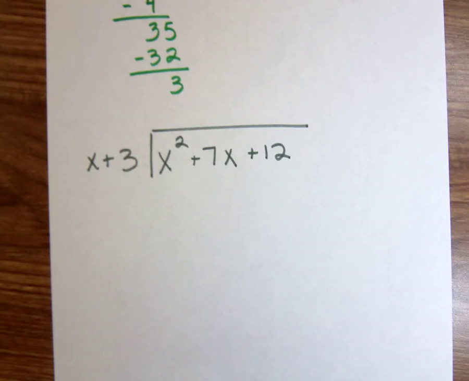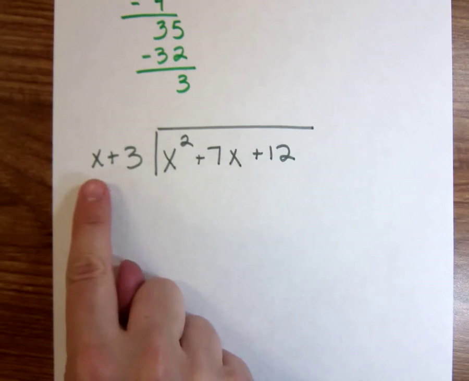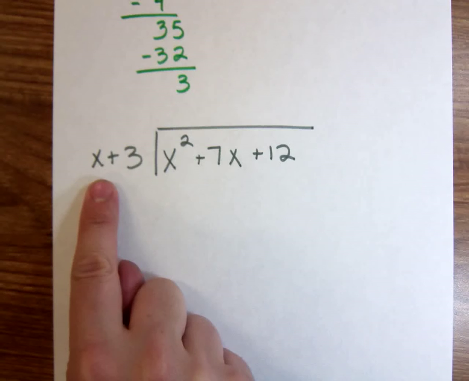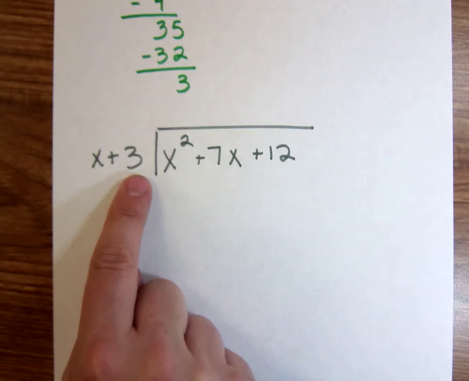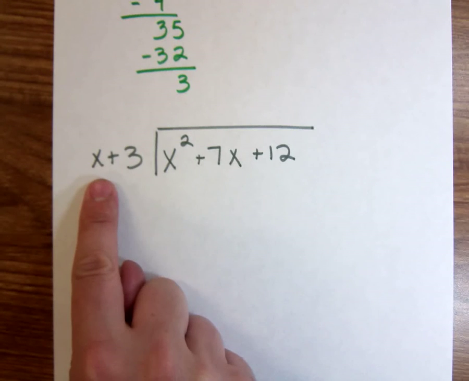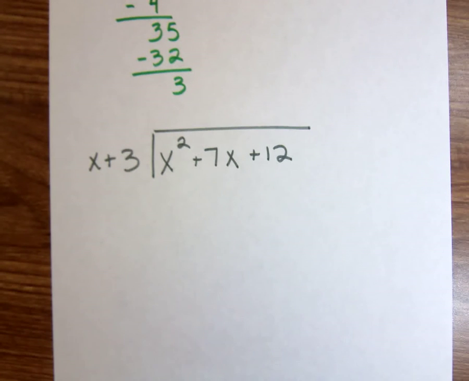Now, the hardest part for you to wrap your head around is that when you are dividing by x plus 3, we really only pay attention to the x. The 3 is going to take care of itself. We are just focused on the x. Okay, don't worry about the 3.